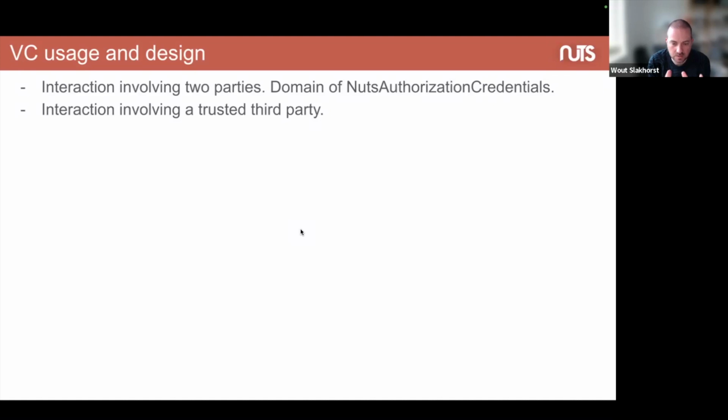This is currently done with the NUTS authorization credentials. But there's also an interaction pattern where a third party is involved, right? For example, in the Avodag Weekend or Baby Connect, or I think Kickfay as well. There's a third party that determines if two others can access their data or not.